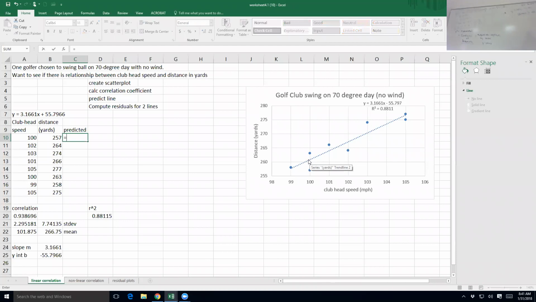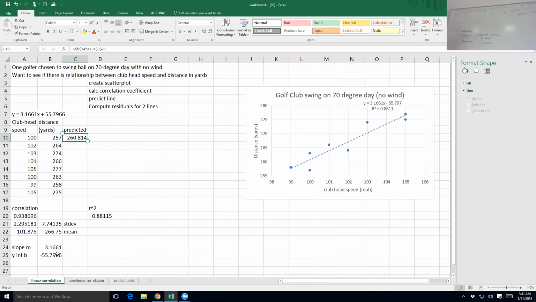So y equals slope, which in this case is my m, times my x coordinate, 100 miles an hour, and then I'm going to add my y-intercept. According to my regression line, if it was right on the line, if I hit it 100 miles an hour, it would be about 261 yards. Does that make sense?